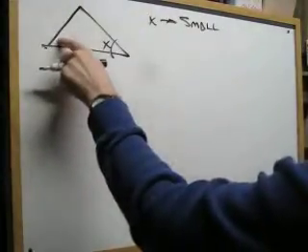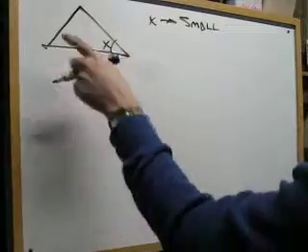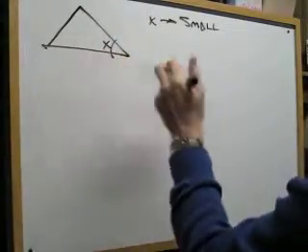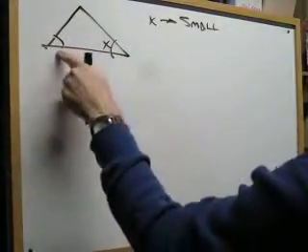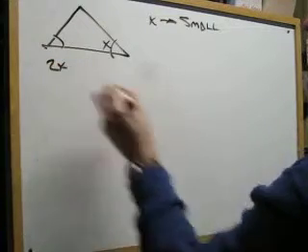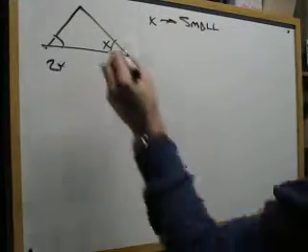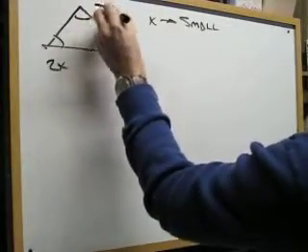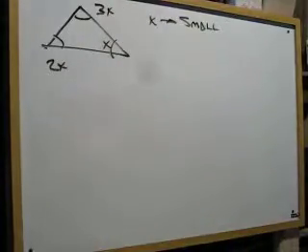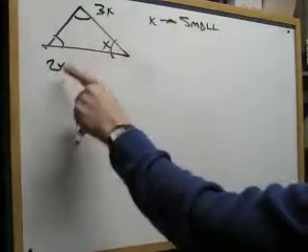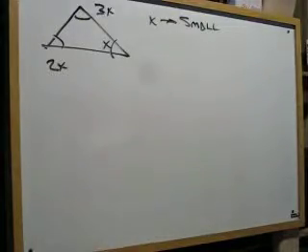So this angle here, or this one, we don't really know, but one of them is twice that. So this one is not going to be x, it's going to be twice x. While the third angle is 3 times as large as the smallest angle. This angle then is going to be 3 times as big as x. So this one's x, 2x, 3x.